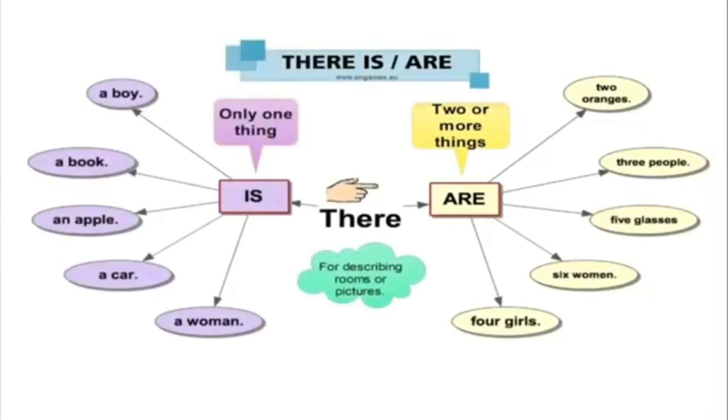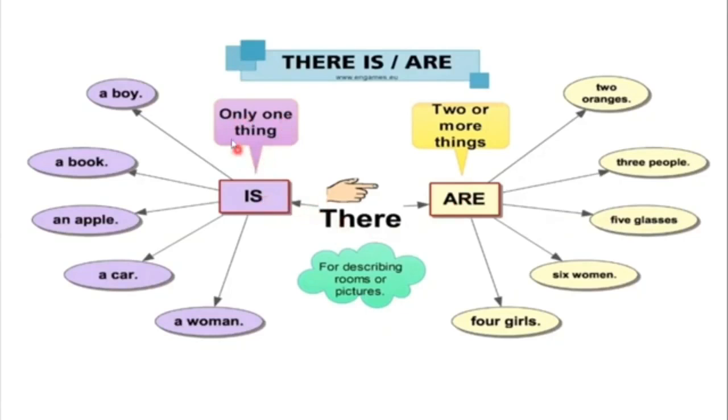Now we will know the difference between there is and there are. There is, okay, we use after it only one thing.